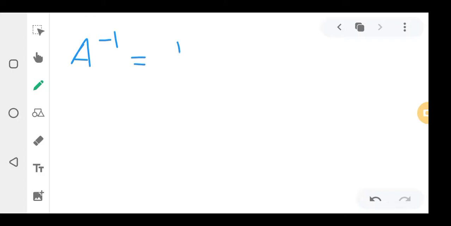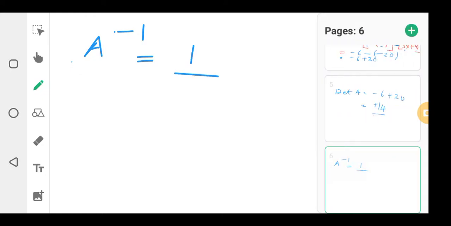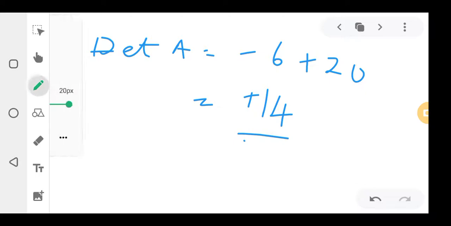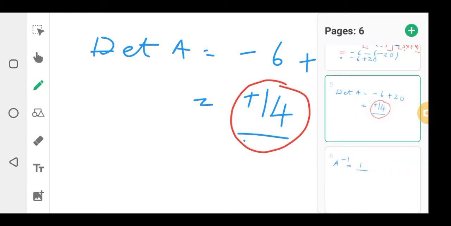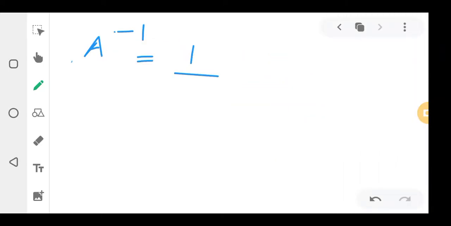You always put 1 on top, over the determinant, the one you found. What determinant did you find? You found the determinant of what? 14. So you say 1 over 14. Okay, 1 over 14, and then you put this.